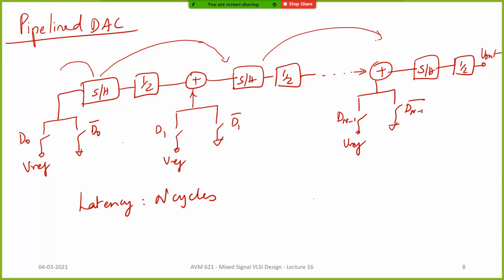So you have latency of n cycles, but your throughput is one output per cycle. For every clock cycle you will keep getting one output. But the latency, from the time you give the digital code to the time you get the analog output, is n cycles. So this is what is called a pipelined DAC.